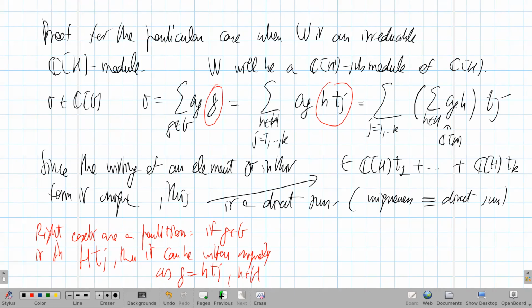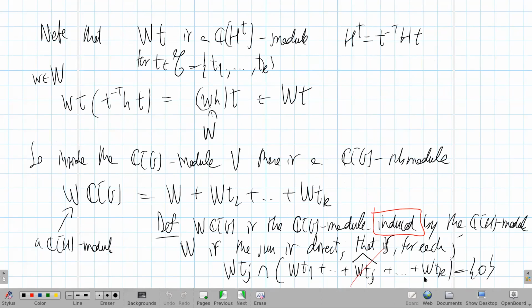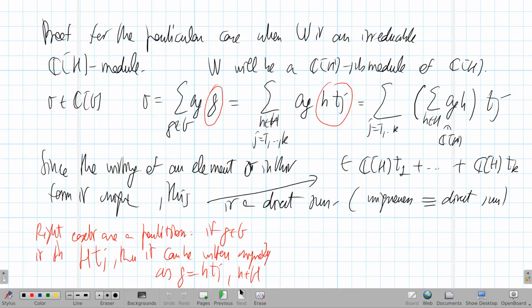Uniqueness is another way of formulating this condition here. If you look at the proofs, these conditions tell you that an element of this sum can be written uniquely in this form. Okay, so it's the same thing formulated in a different way.